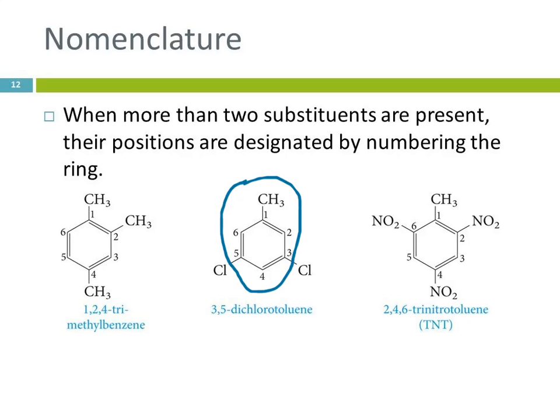Okay. Now, my question is, looking at this, I didn't notice when I was putting these slides together, why is this not named as a toluene? I don't have the answer for that right now. So try.